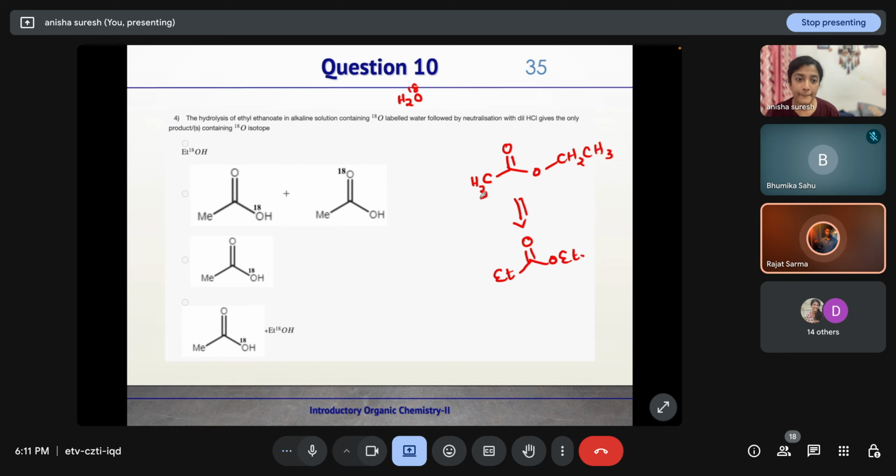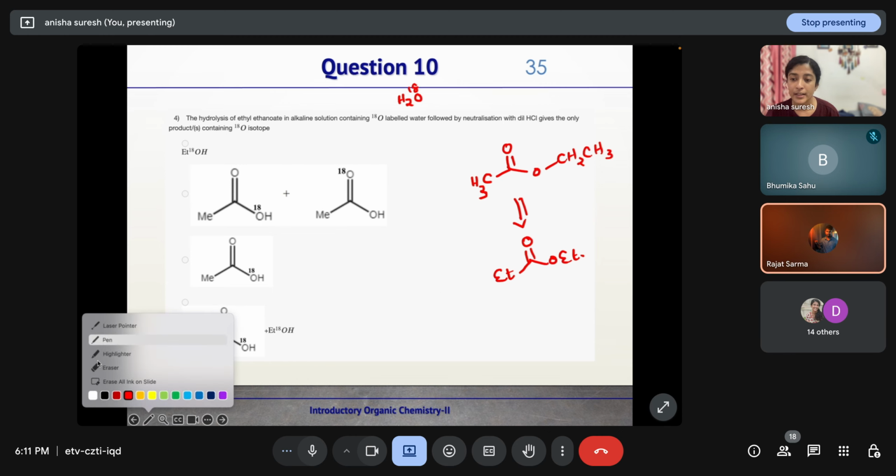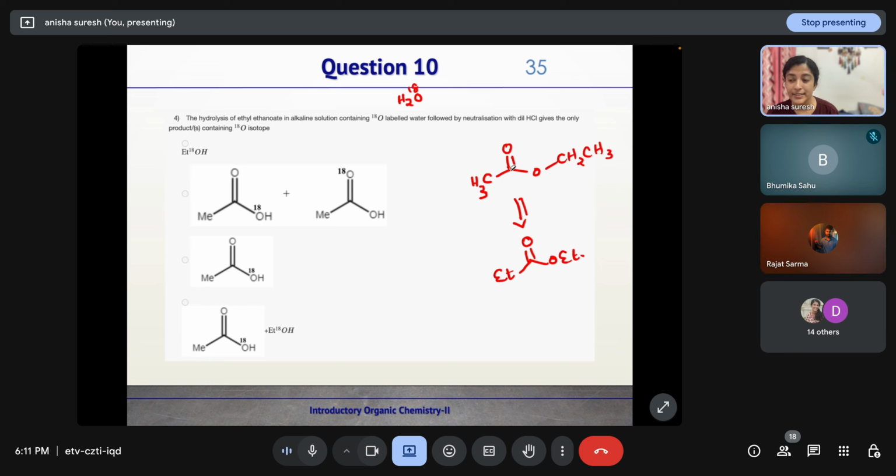There is no option like Et, the C double bond OH, because we will be considering this also while naming the carbonyl carbon. Ma'am, is it option D? Option B will be the right answer.